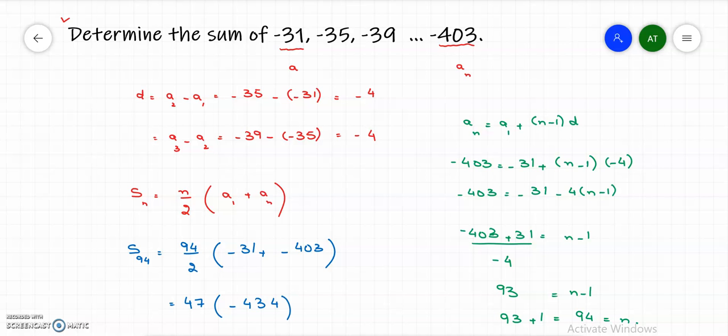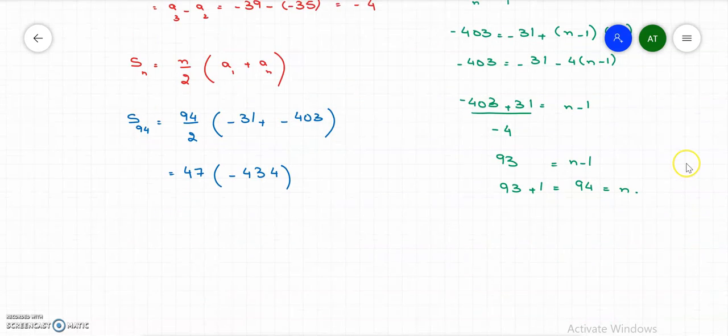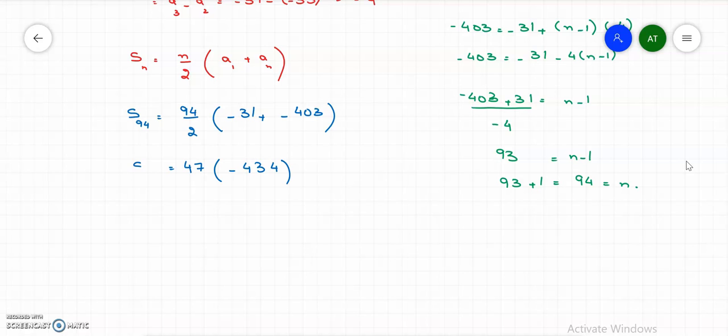Okay, negative 434 is going to multiply with 47, so we will get the sum. So the sum of the given arithmetic sequence is negative 20,398, right?